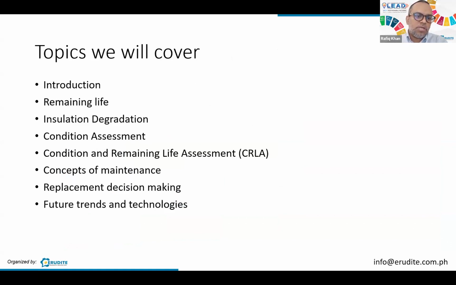So we will cover the introduction, we will cover remaining life, we will cover a bit on insulation degradation, what is condition assessment and what is condition remaining life assessment, some concepts of maintenance, and a bit on the replacement decision making, when to replace an asset, and future trends and technologies.